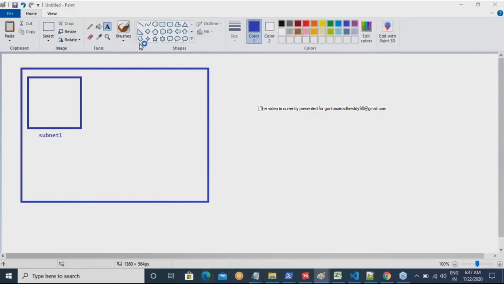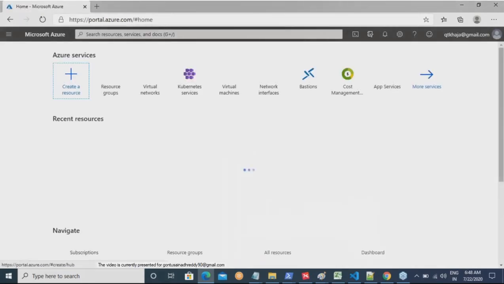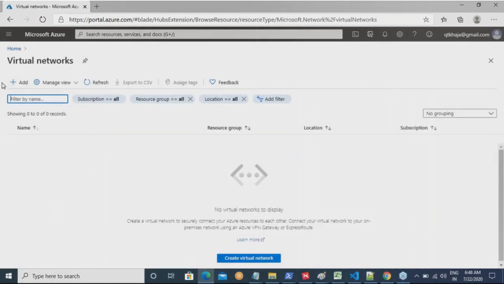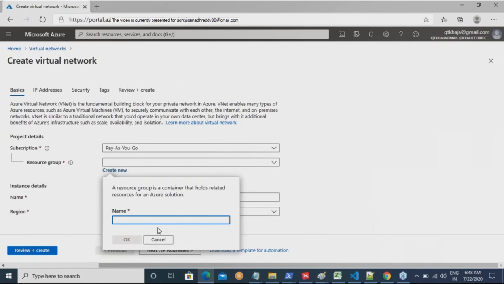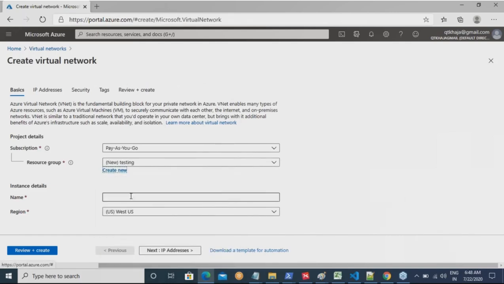Okay. So let me log in into Azure. Okay. So let me go to virtual networks. Right now I don't have any virtual network, but let me add a virtual network very quickly. I'll call it as test virtual network.